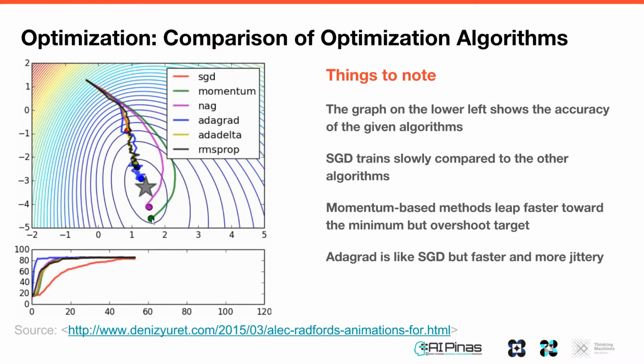It takes a while for a momentum-based method to figure out that it's overshot and it has to turn back almost. And so these are things to think about as you are choosing optimization algorithms and evaluating which optimization algorithms and which learning rates you're picking.